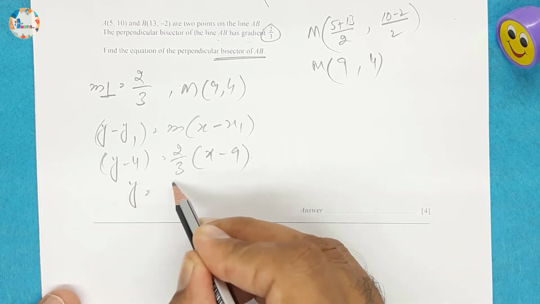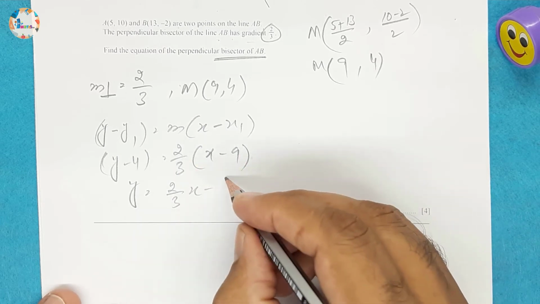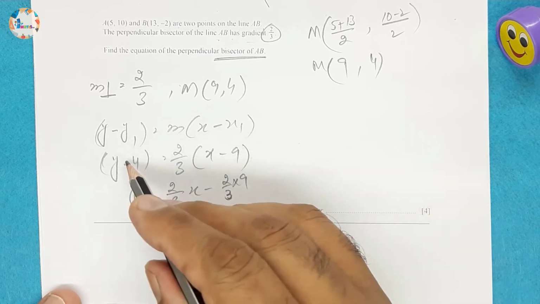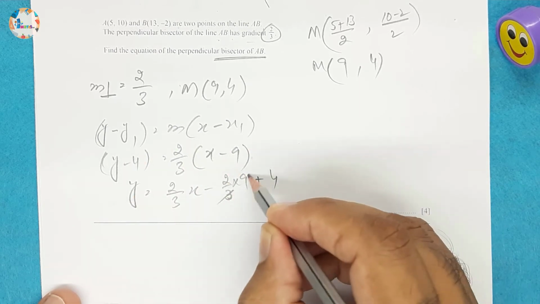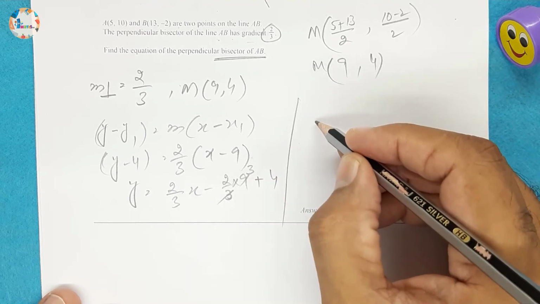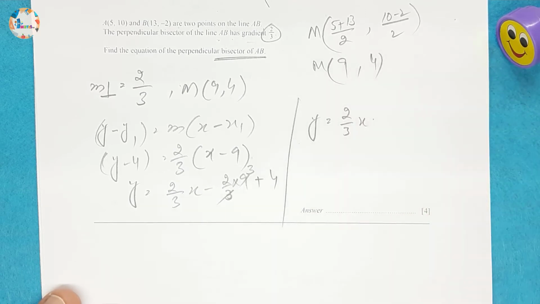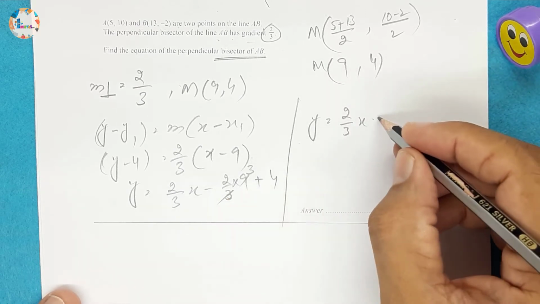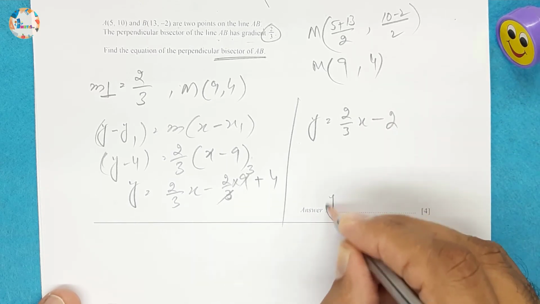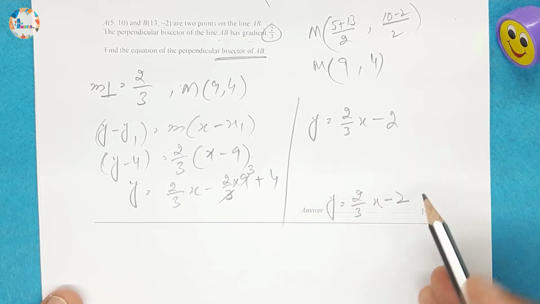So y will be equal to 2 by 3x minus 2 by 3 into 9, plus 4. 3 3s are 9, so y is equal to 2 by 3x minus 6 plus 4, so minus 2. This will be the required equation: y is equal to 2 by 3x minus 2. This will be our final answer.